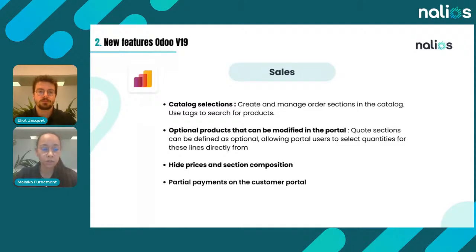On section, you can also now hide prices and section composition. And one last new feature is the partial payment. So customers can now pay partially their order directly on the customer portal to confirm a sales order.